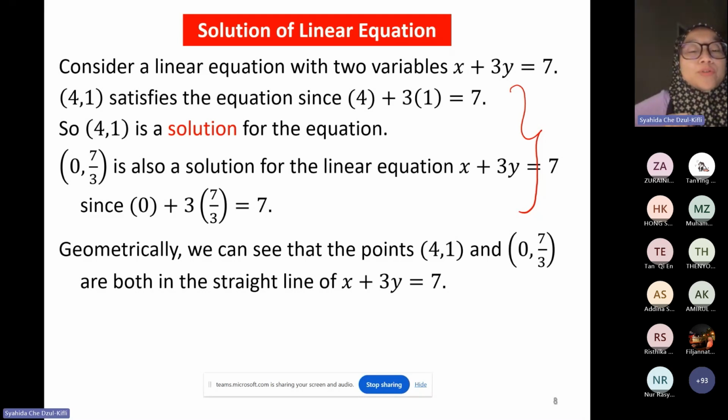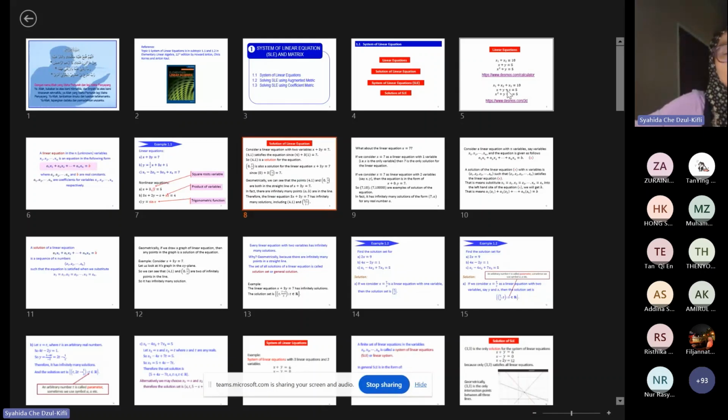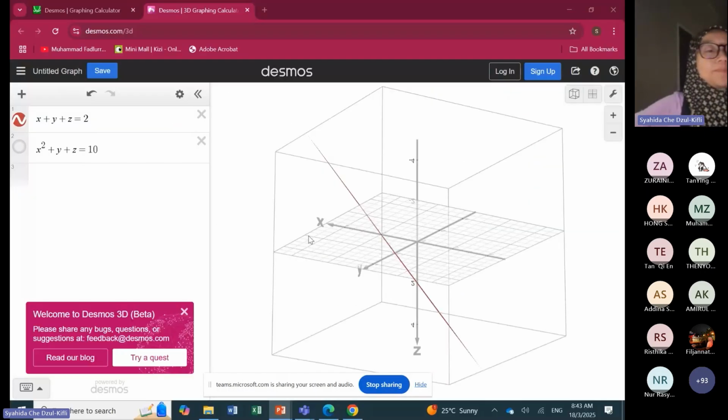Alternatively, we are also able to see solutions for the linear equation by looking at its graph.